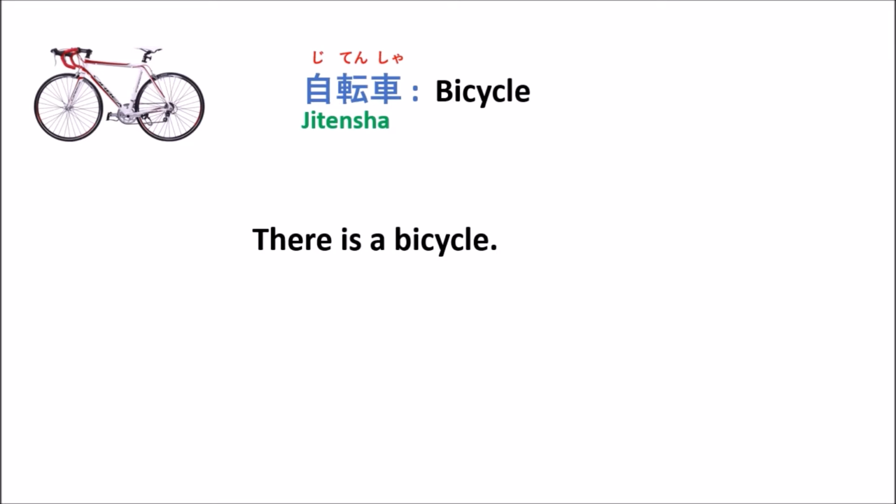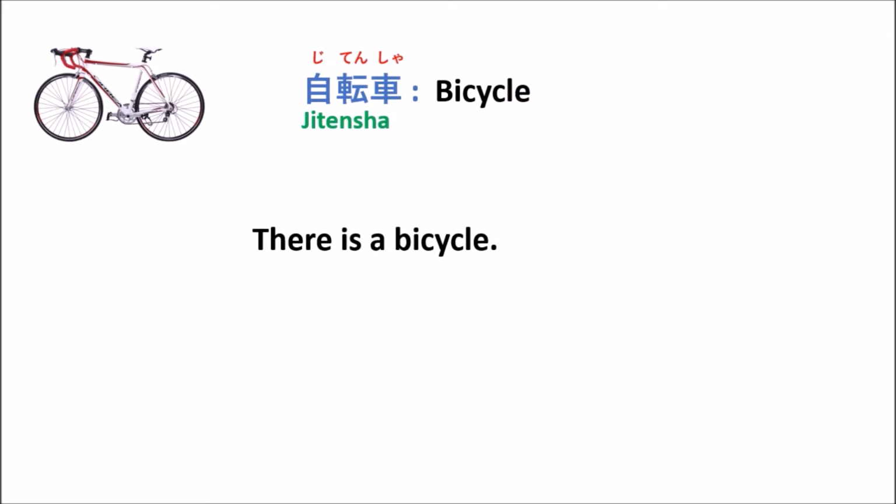Here we have a bicycle. For bicycle in Japanese, you can say jitensha. Jitensha means bicycle.